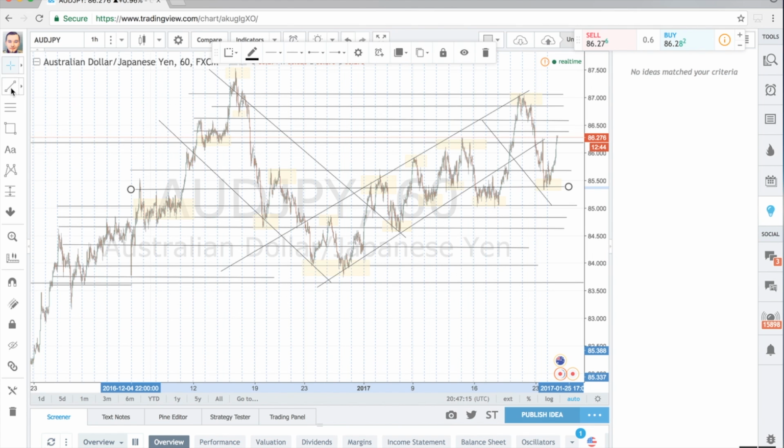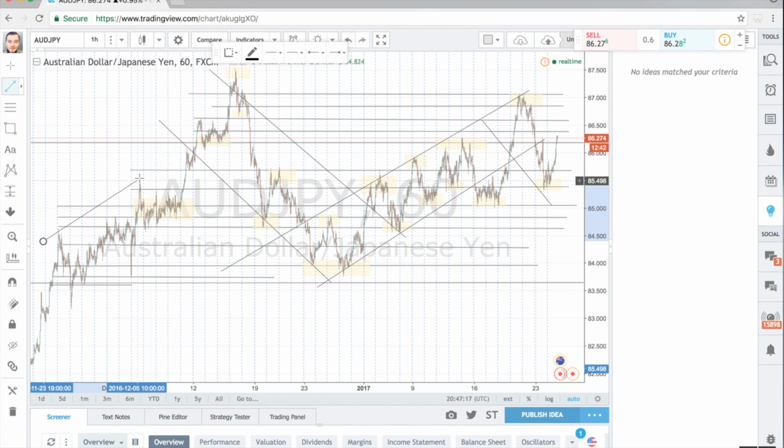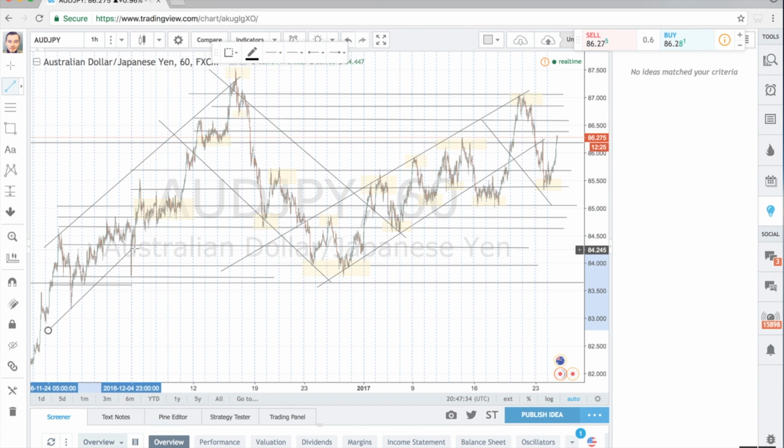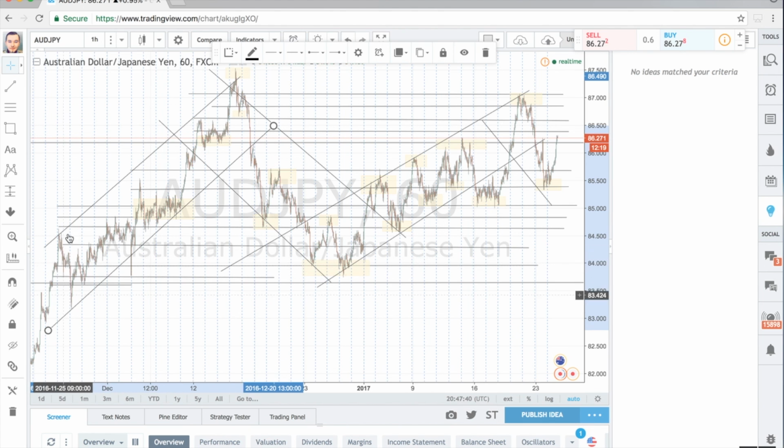That you could call another channel. Price likes to move between support and resistance, and channels are a form of support and resistance, right? So here you go. That helps you visualize it a little better too.